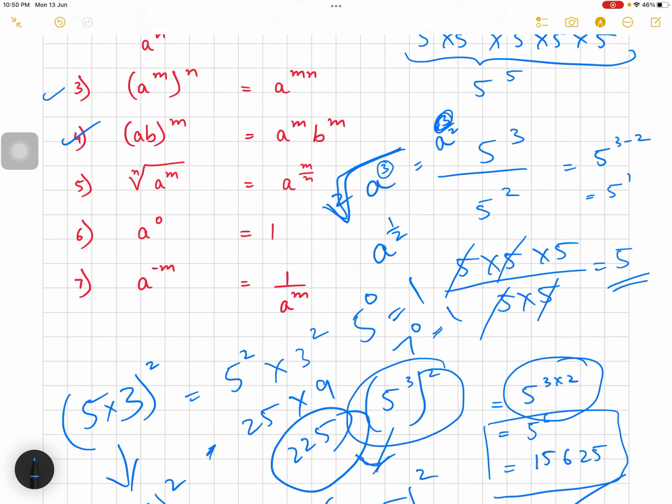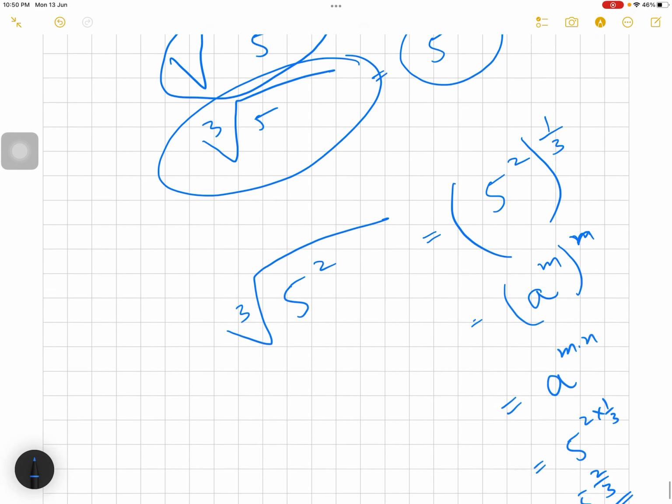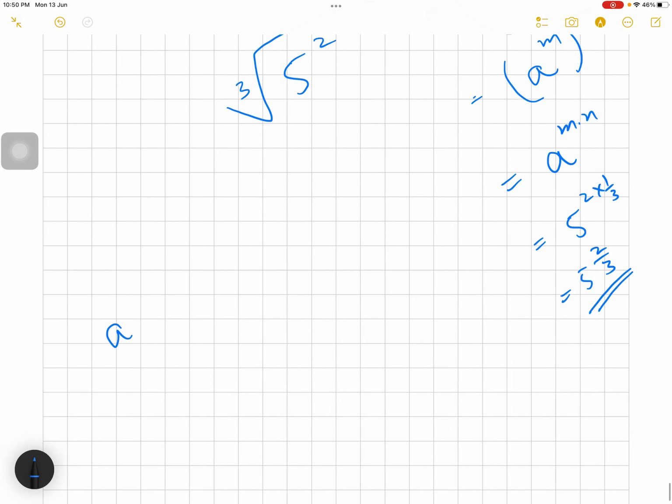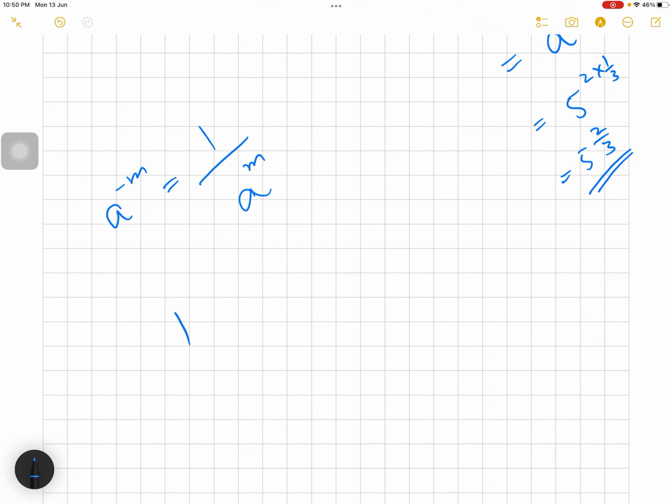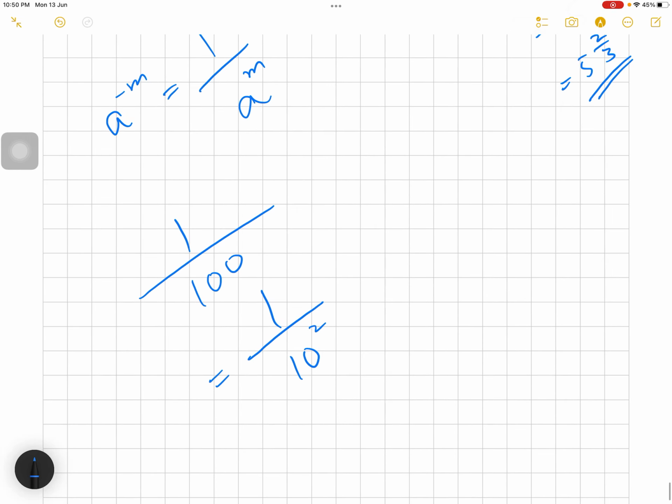Now, the seventh law says A raised to minus m is equal to 1 upon A raised to m. What I mean to say is, suppose I am writing 1 upon 100. 1 upon 100 can be written as 1 upon 10 square, because 100 is 10 square.